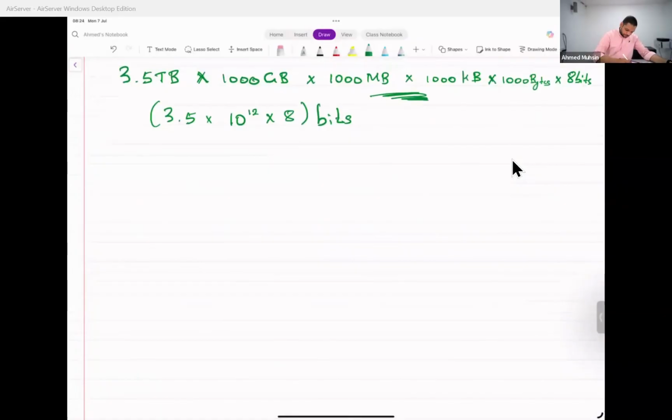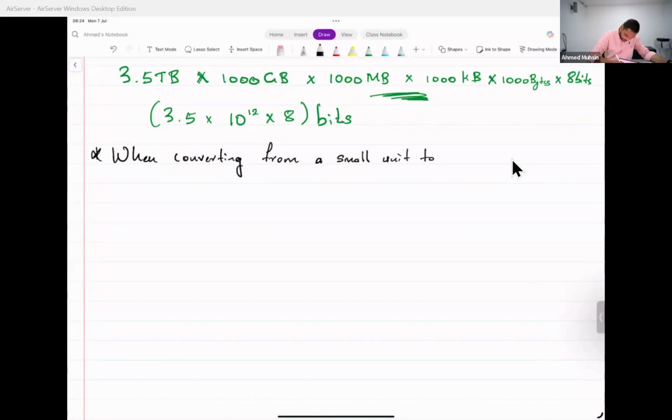When converting from a small unit to a big unit, we must divide.